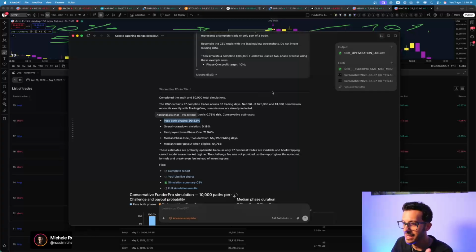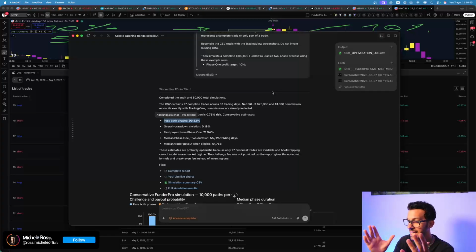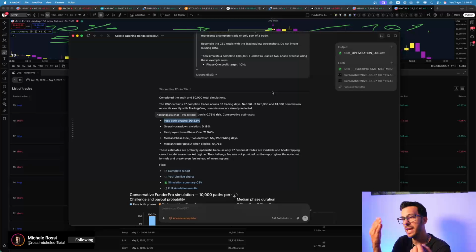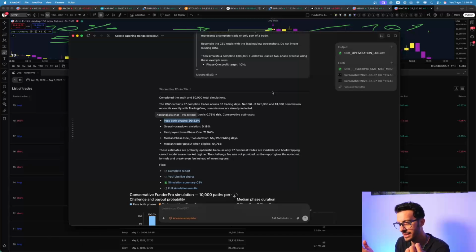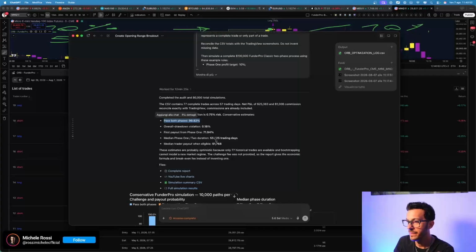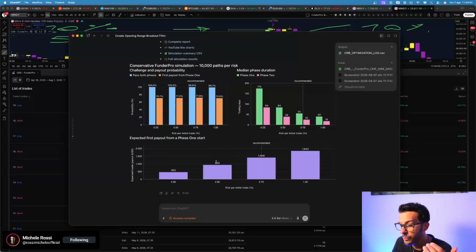This analysis can help us compare different risk levels without changing the strategy itself. Maybe 1% risk gives us a 38% probability of reaching the funded account. Maybe 0.5% increases the probability to 55%.